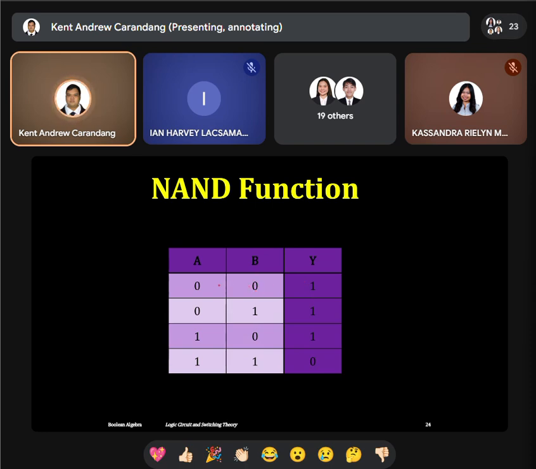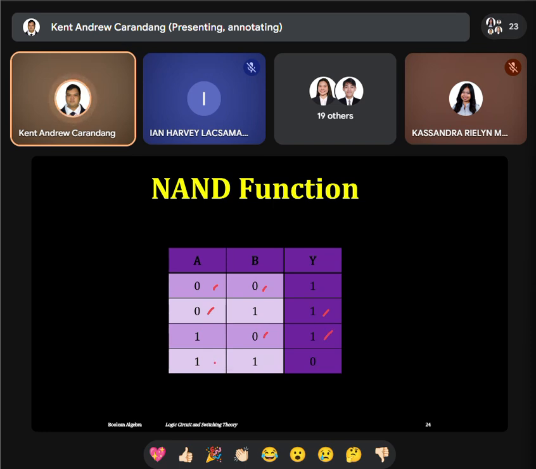As you can notice, if both of the inputs are low, the output is 1, or high. If any of the inputs are zeros, the output is 1.